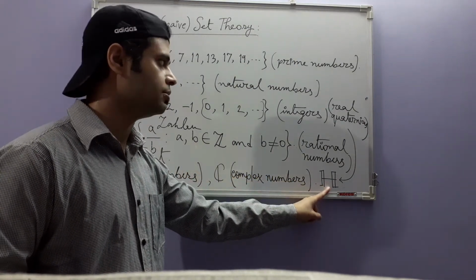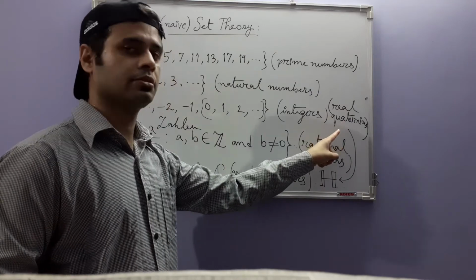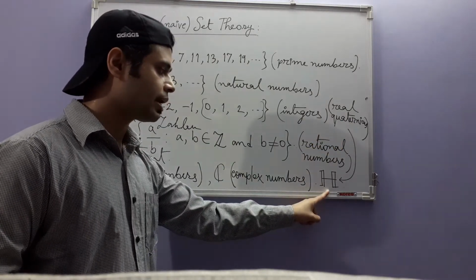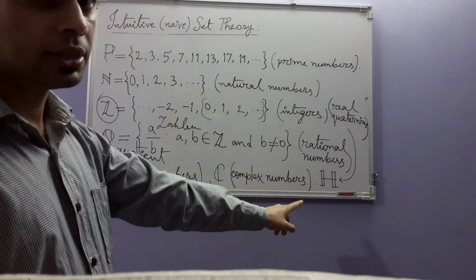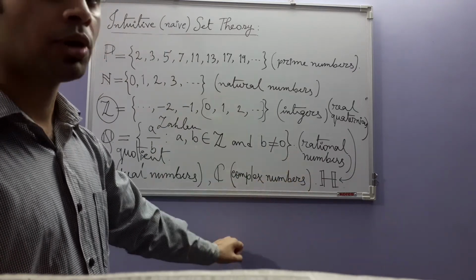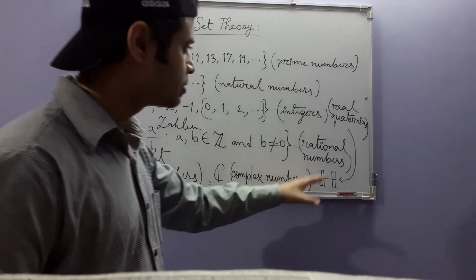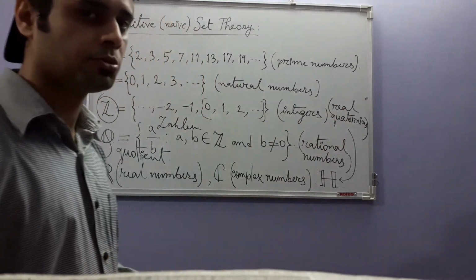Now this H, real quaternions, right? H is used because it honors the mathematician Sir William Rowan Hamilton, who introduced these real quaternions into mathematics.